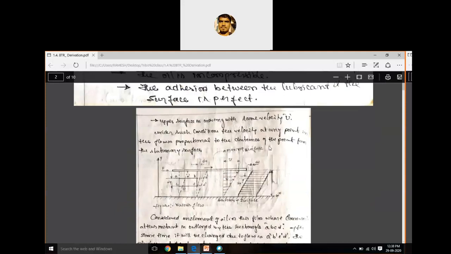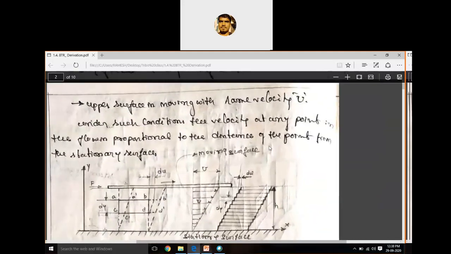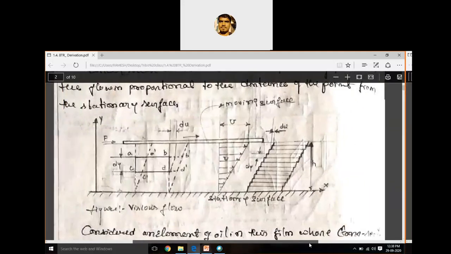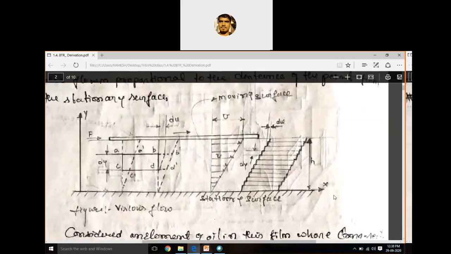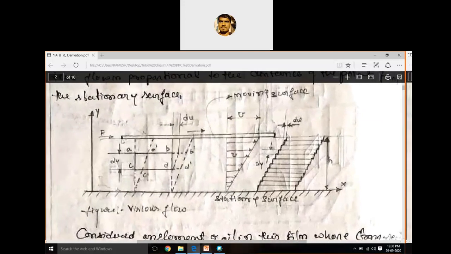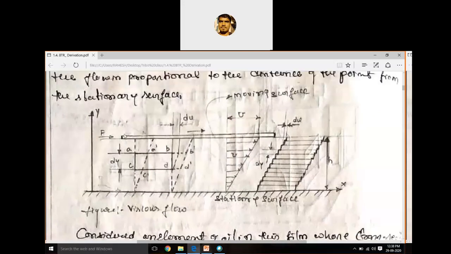Okay, and this is the typical figure. Here you can observe that this plate is a moving surface with a velocity of u, and a force F is applied on this plate so that it is moving with velocity u.